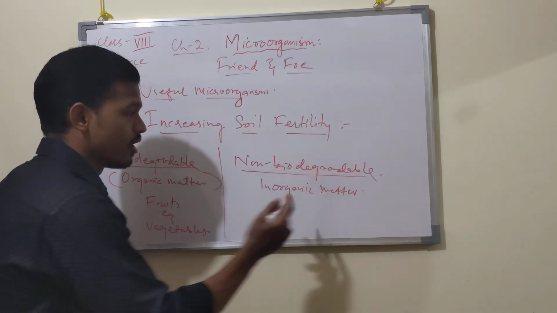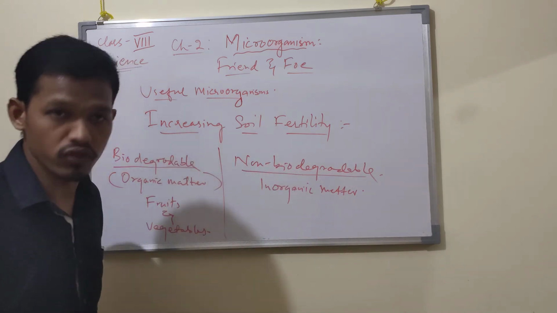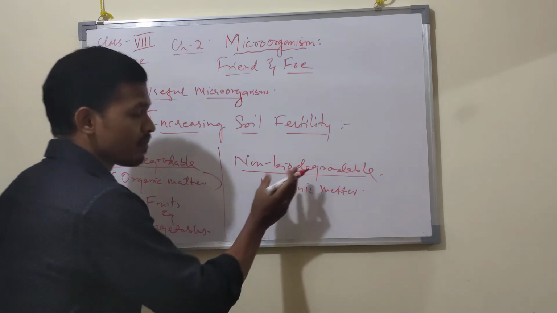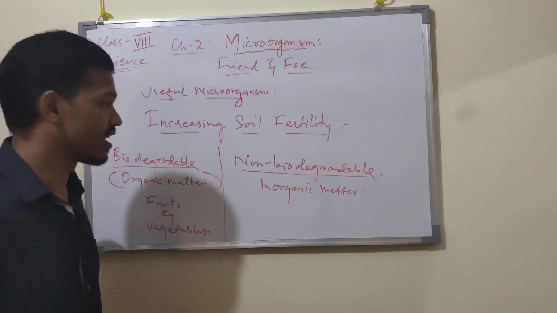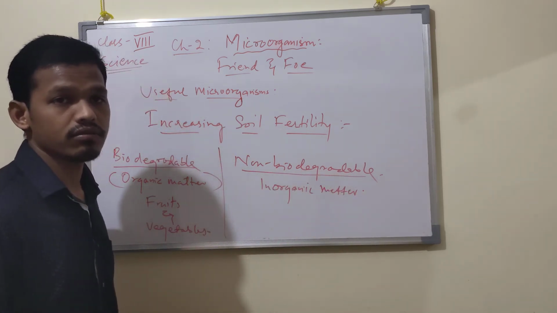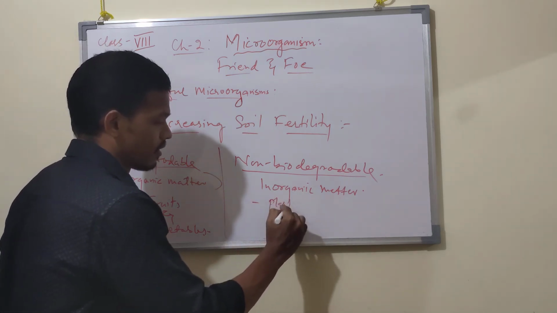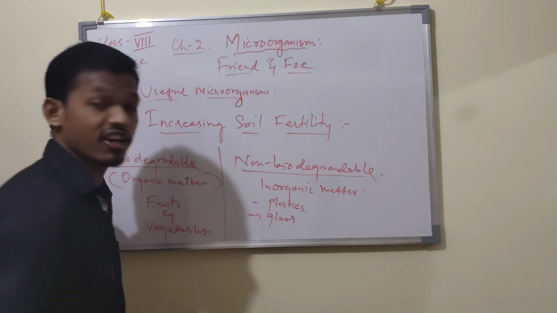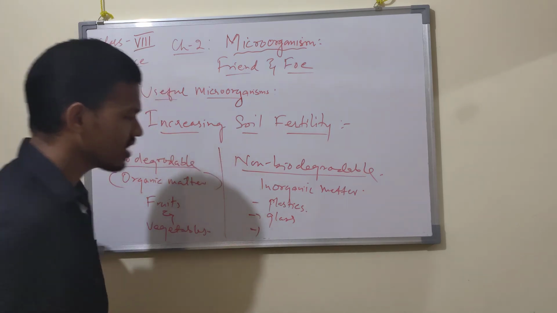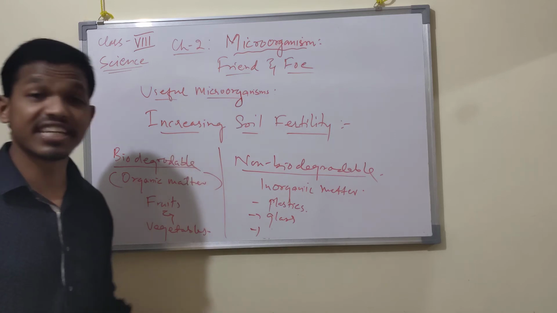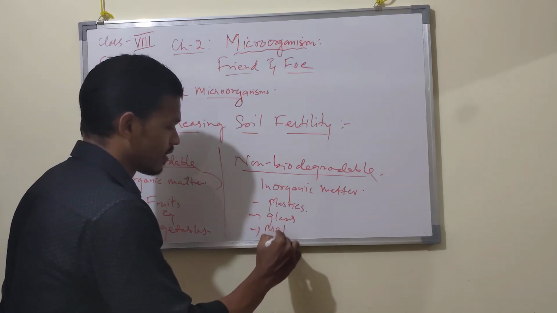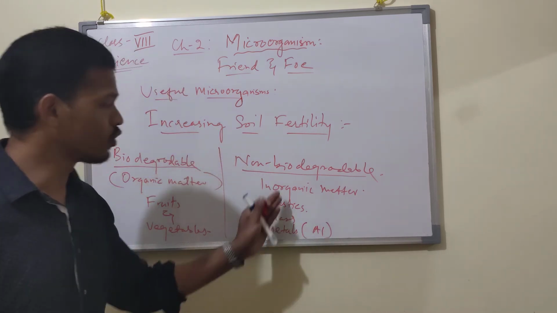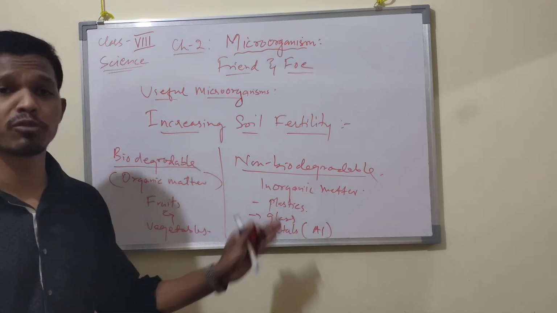Similarly, non-biodegradable products are inorganic matter which cannot be decomposed or eaten by the microorganisms, such as plastics, glass, and certain metals like aluminum cans. They cannot be decomposed by microorganisms.